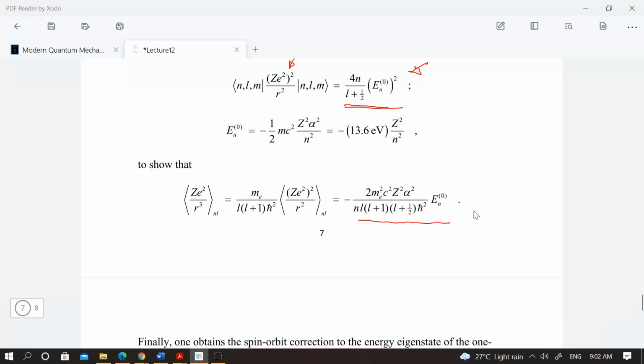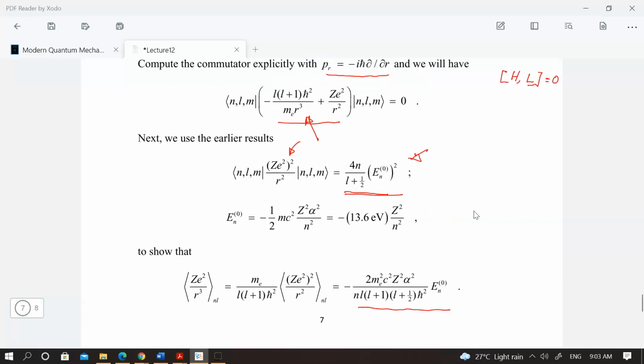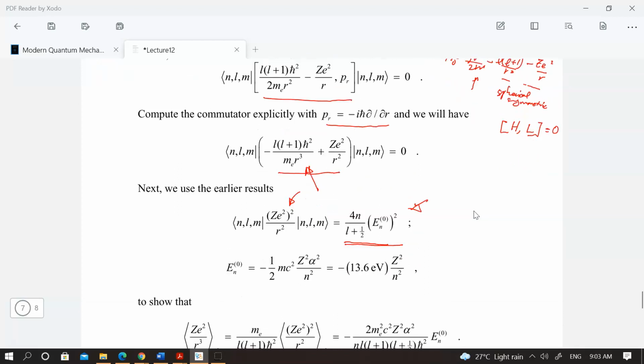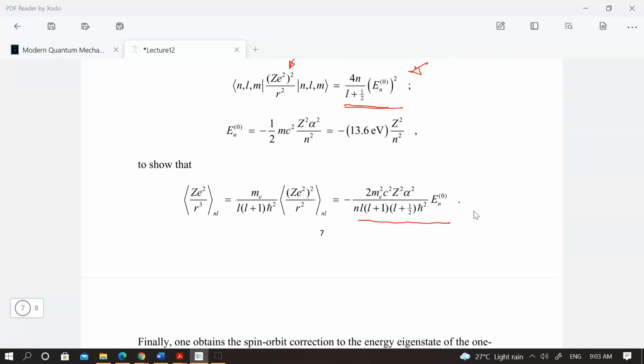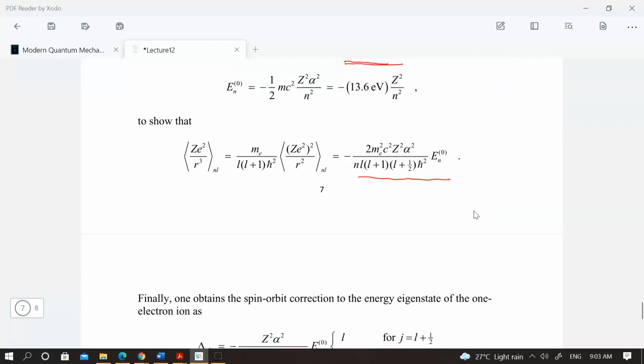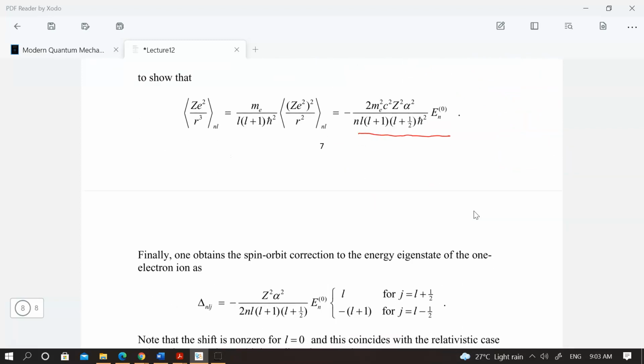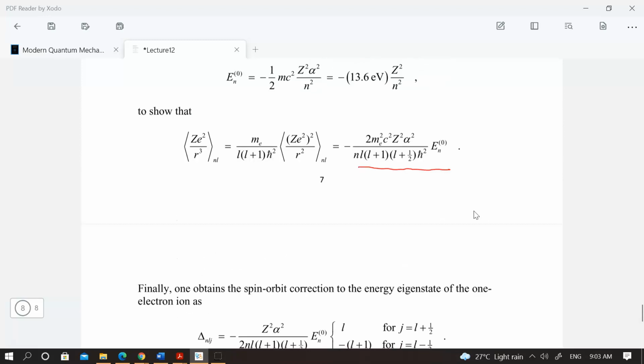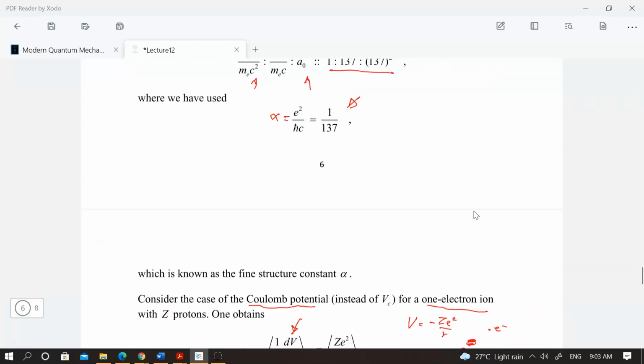You can see that this comes from there, and this one will come from this one here. For the full calculations, I suppose one can give you as an exercise for you to do later on. So finally one obtains the whole thing, combining with the earlier results that we had.